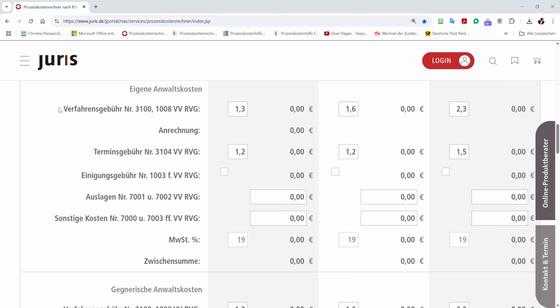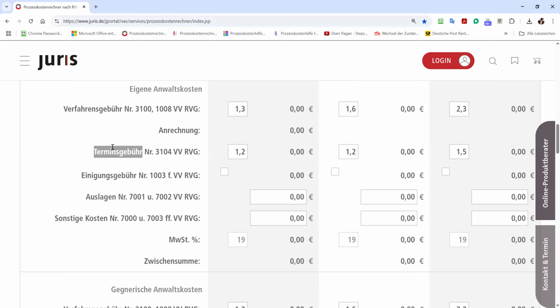This is the procedural fee, as you can see it here, and this is the hearing fee for the oral hearing, which is paid only once, no matter how many hearings the court will schedule. So this is only a one-time flat fee.